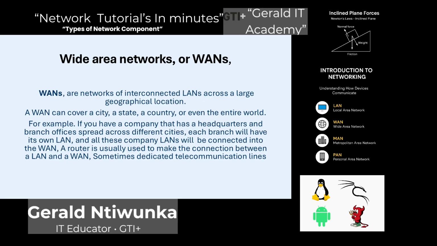From here, you will know the examples and the differences between these networking connections, and how networks work. This is called a wide area network. What is it? It is a network of interconnected local area networks across a large geographical location.